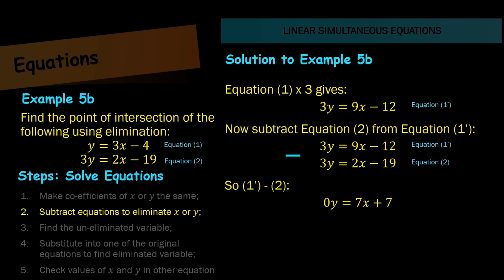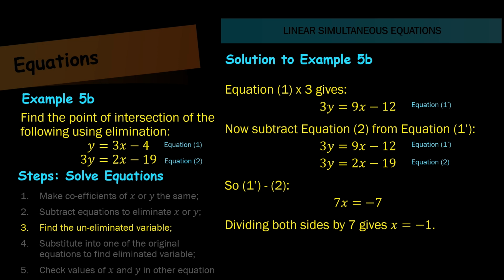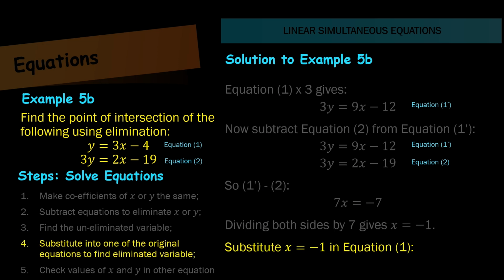Next, find the uneliminated variable. So rearranging gives that 7x equals minus 7, and dividing both sides by 7 gives x equals minus 1. Now substitute into one of the original equations to find the eliminated variable.